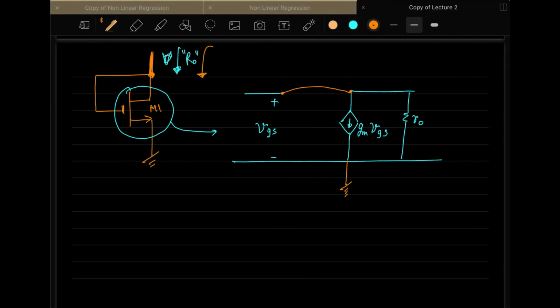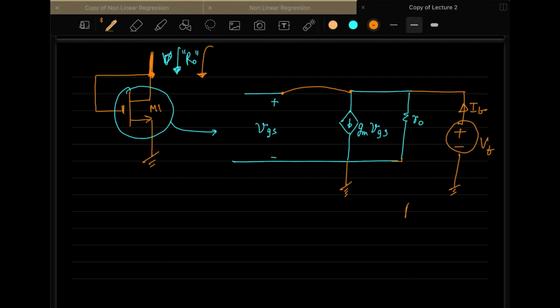In order to calculate the output resistance, you know from basic electronics, you attach a battery here and you pass a current from this side. This is a test voltage and the test current which is going into this circuit.